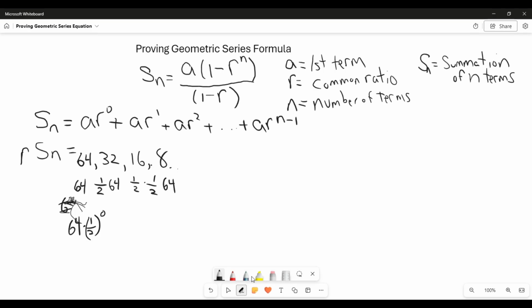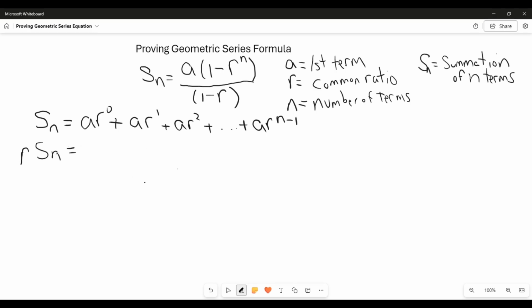There we go. Okay, so if I multiply r by S sub n, then I have r times ar to the 0 plus r times ar to the first plus r times ar to the second, all the way down to r times ar to the n minus 1.